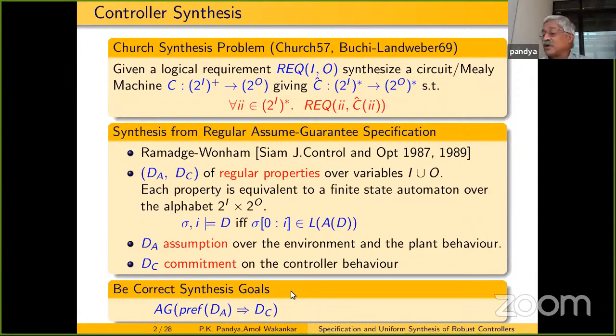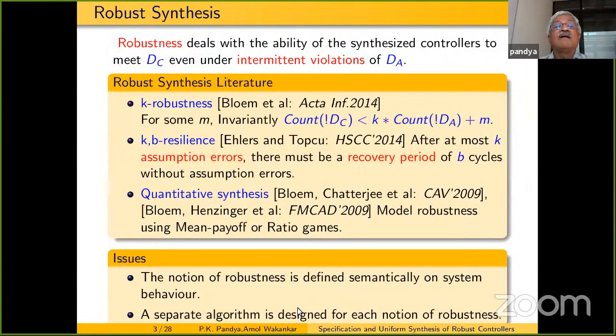And unfortunately, now there is a synthesis competition tied with the leading conference on formal methods. And all of the synthesis tools which compete basically work from this B synthesis goal. So this B synthesis goal has been looked at length.